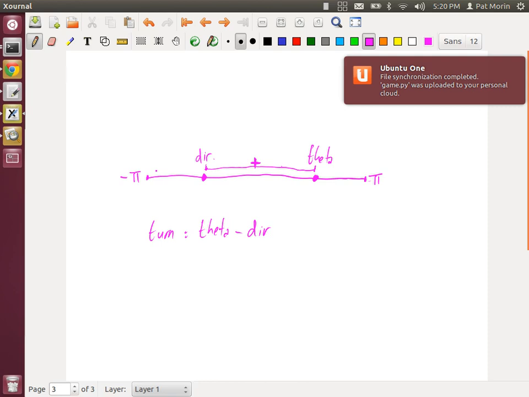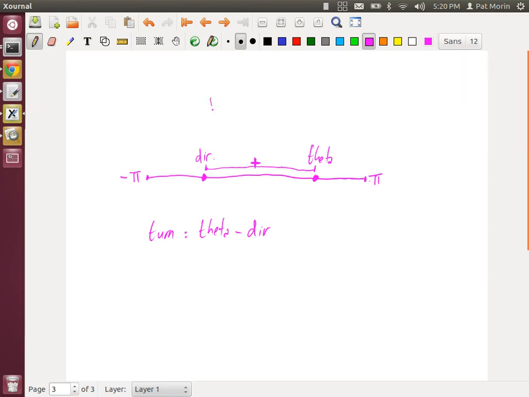Now, is this always the way we would like to turn? So do we always want to, let's say our direction theta is up here near pi, we're down here near minus pi. Do we want to always turn that way? So that's the equivalent of, let's say, a direction theta up here, our direction down here.